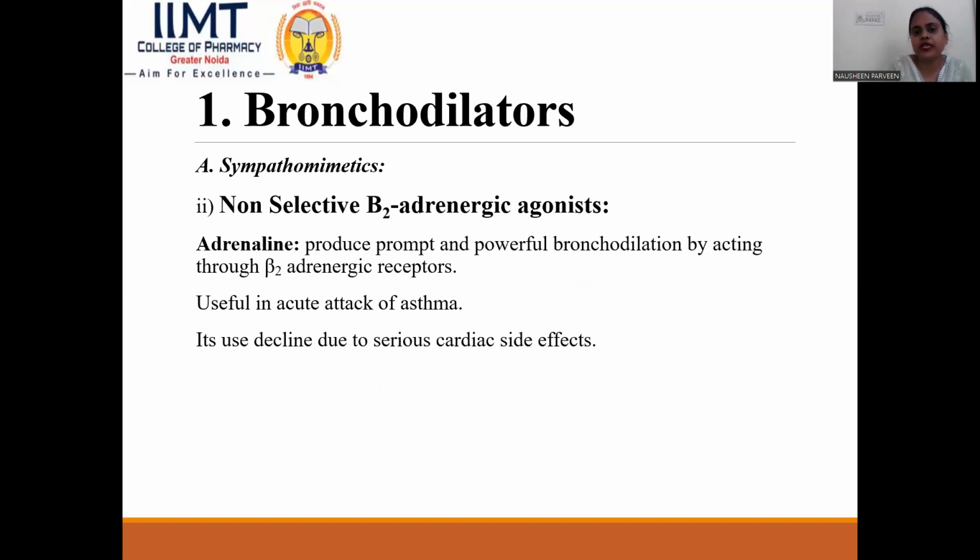An example is adrenaline. Adrenaline produces strong and powerful bronchodilation by acting through beta 2 adrenergic receptors. It is useful in acute attacks of asthma. Its use has declined due to serious cardiac side effects.